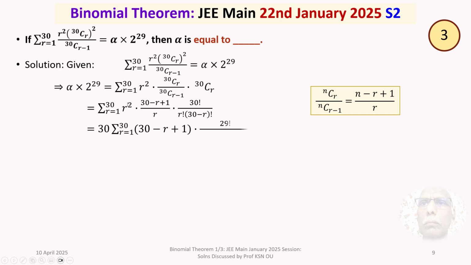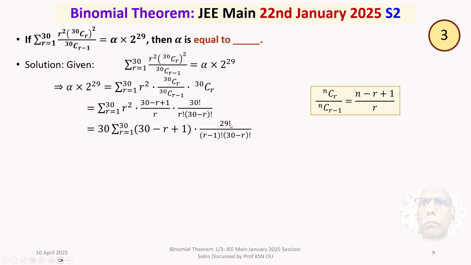You will get 30 into sigma r equals 1 to 30 of (30 minus r plus 1) into 30 factorial by (r minus 1) factorial into (30 minus r) factorial.